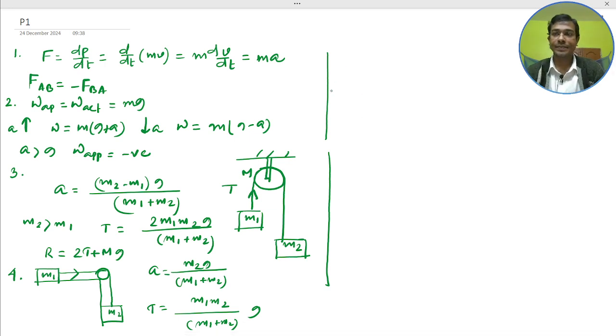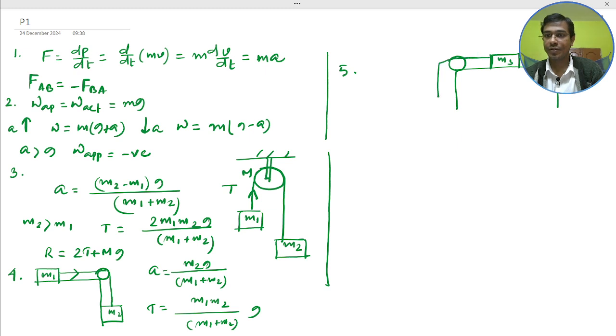And another case, figure 3, is in the form of a table. Here the mass is m, this is m1, this is a roller or you can say the pulley, and here the mass m2.